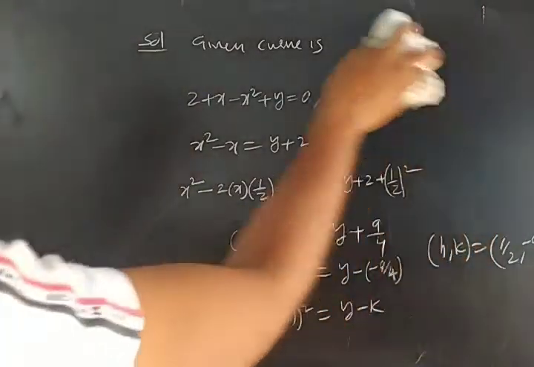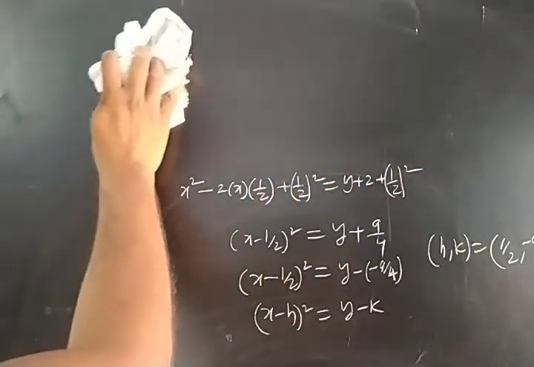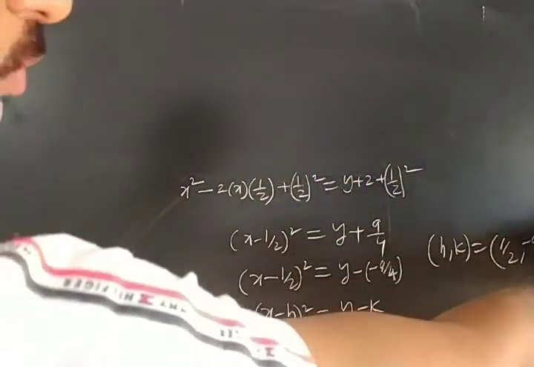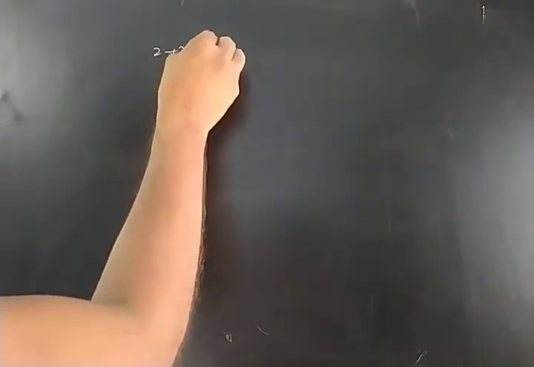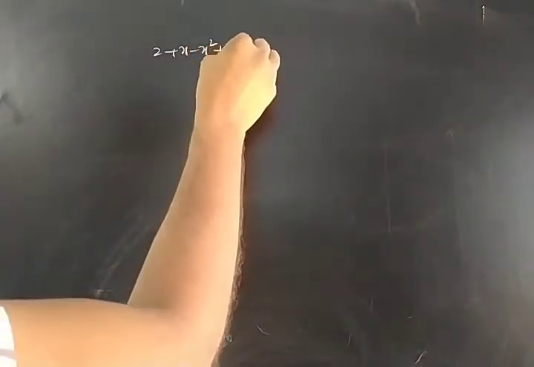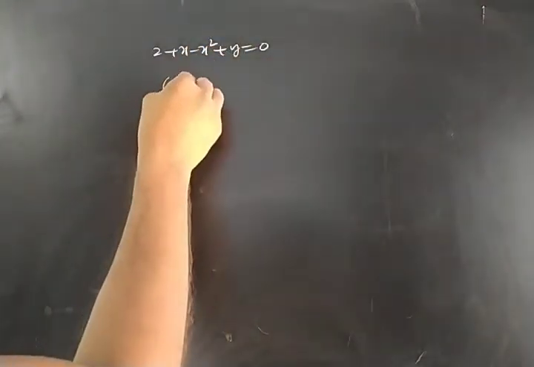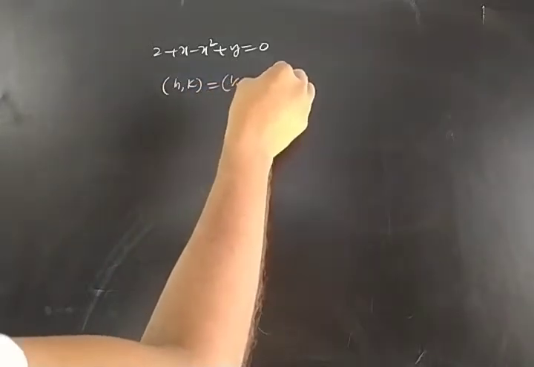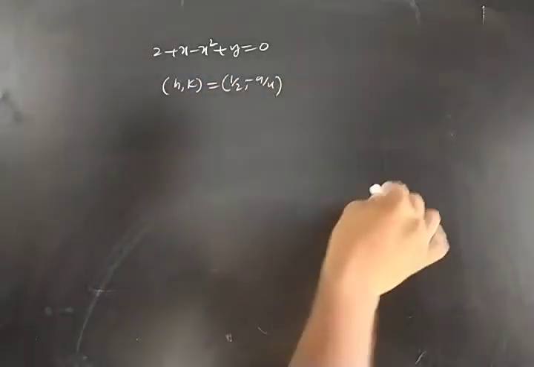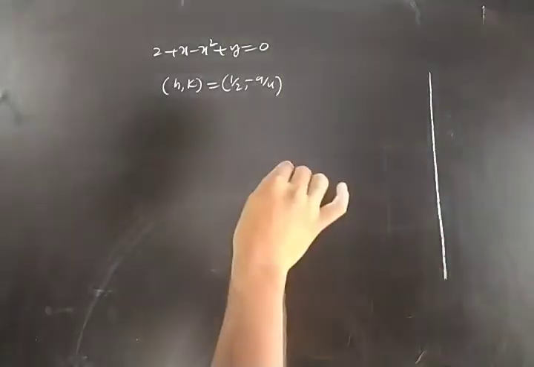Now I am going to draw the curve as well as the lines. For the curve, 2 plus x minus x square plus y equal to 0, we got the vertex h comma k, which is 1 by 2, minus 10 by 4. Okay. Now I am drawing the x-axis.